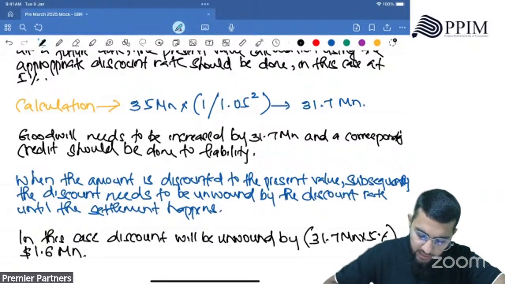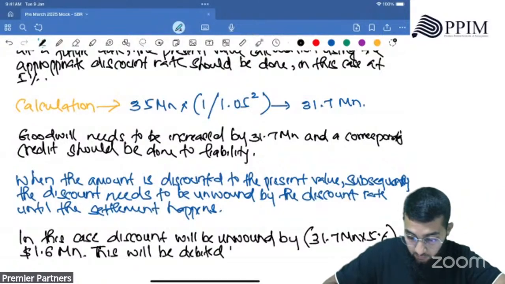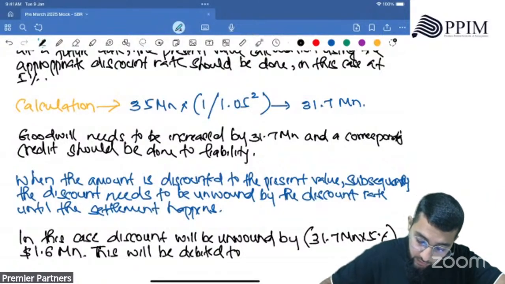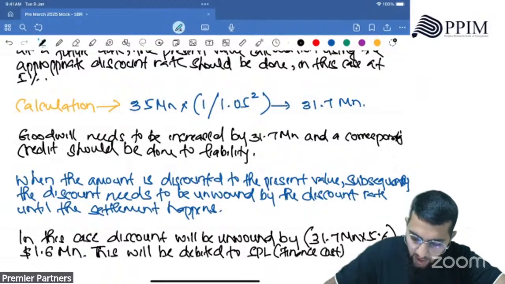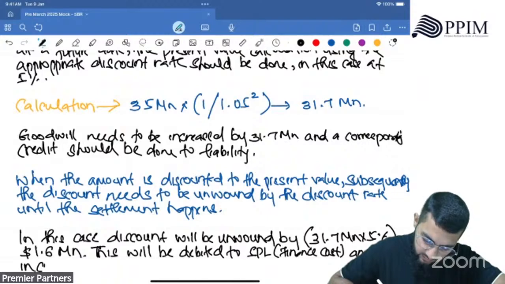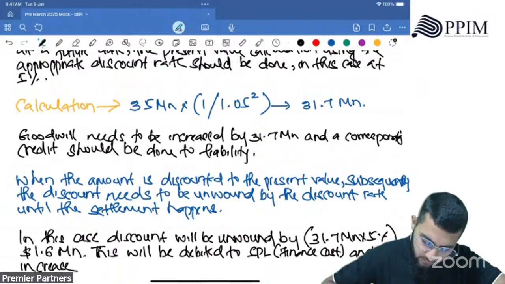This will be debited to P&L, finance cost, and will increase the liability.